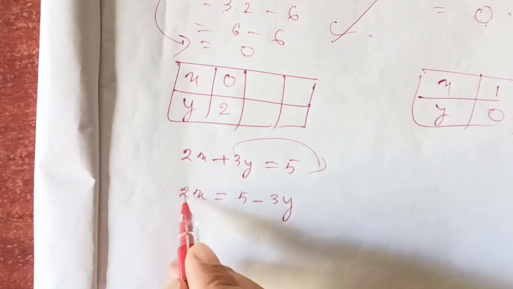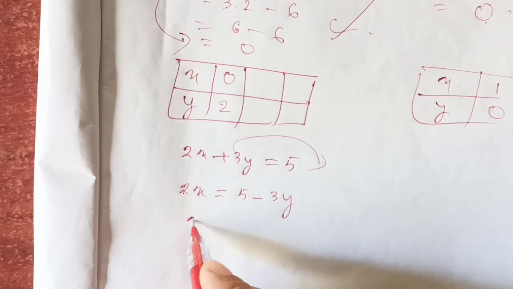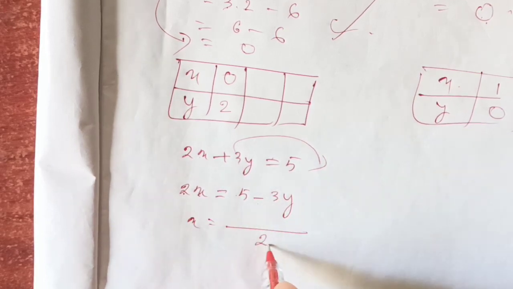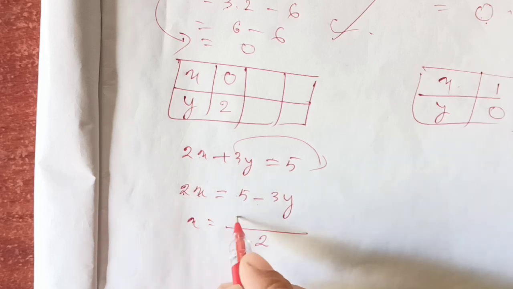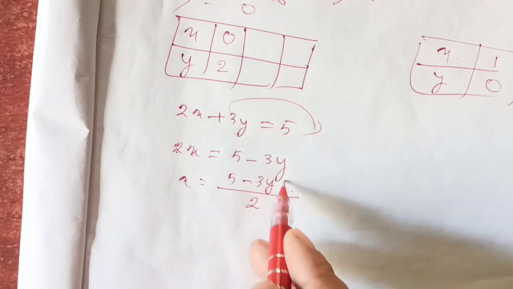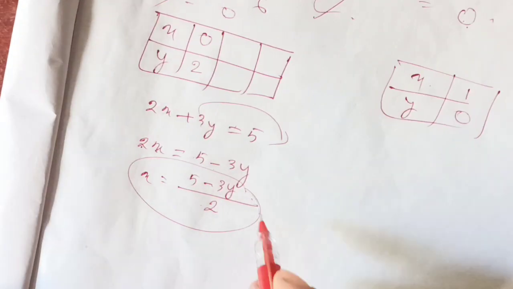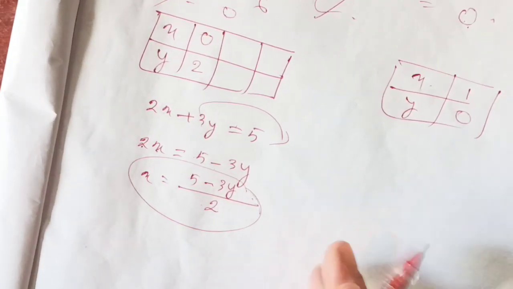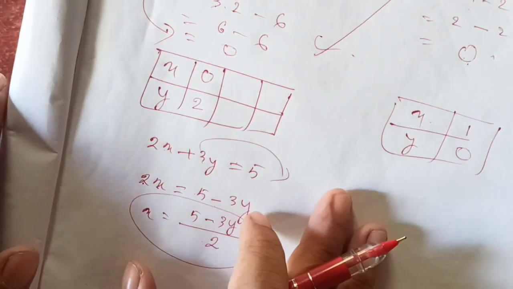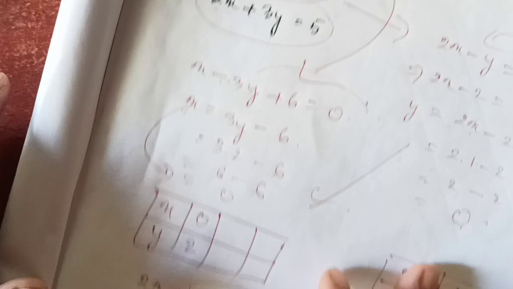And then here 2x, so multiply when transferred will turn into divide, so 2 goes down, then 5 minus 3y. So from here you can find the table. That is how we are going to find the tabulation value before we draw the graph.